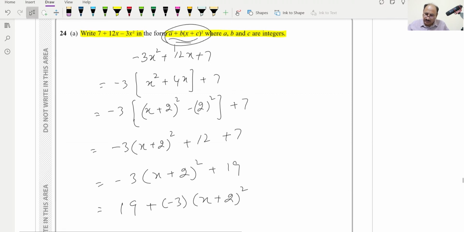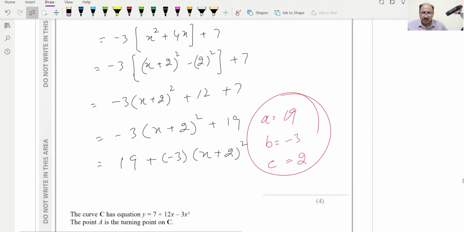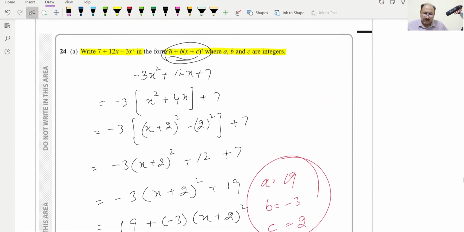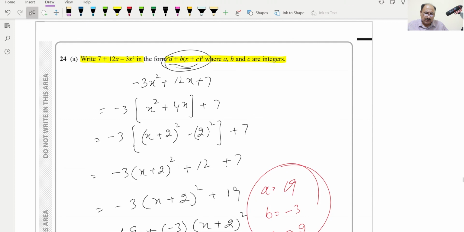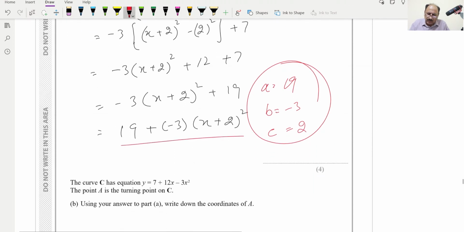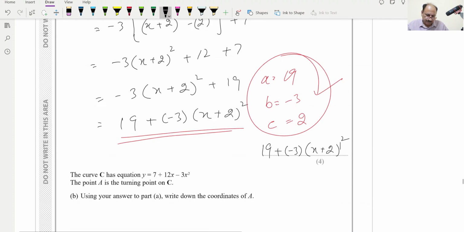So a is 19, b is equal to minus 3, and c is equal to 2. So these are basically the values which we were supposed to find. So they are asking for the values a, b, c in the form. So this is basically our answer, and these are the values I have separately given. Answer we can provide over here: 19 minus 3 into x plus 2 whole squared. 4 mark question.